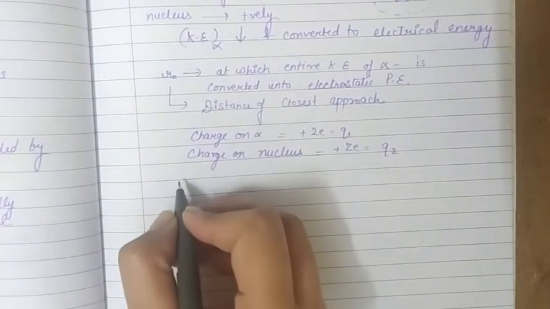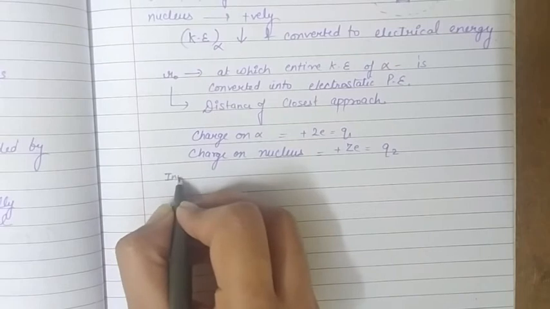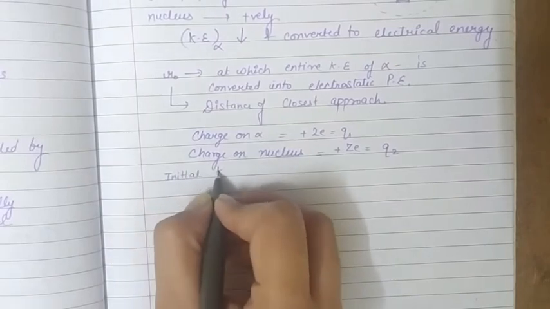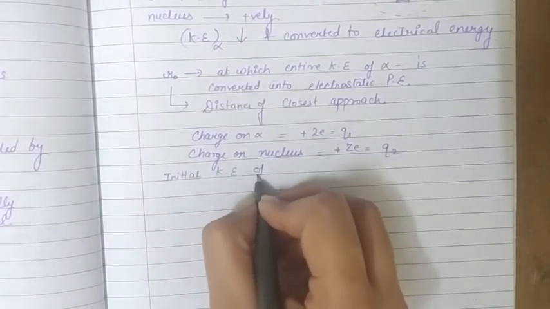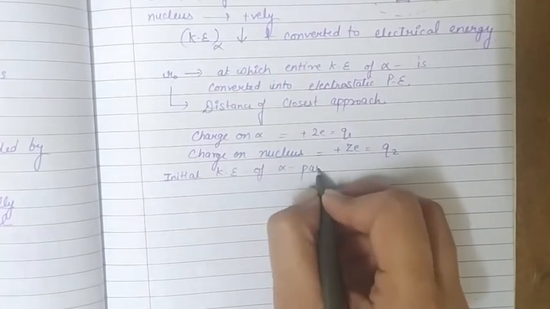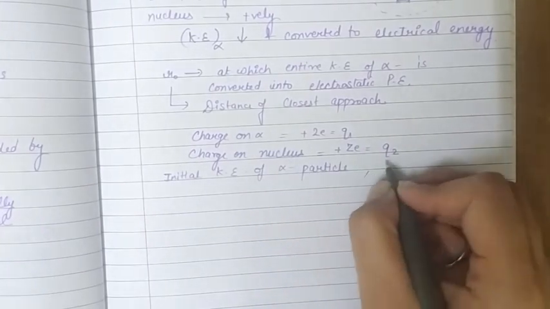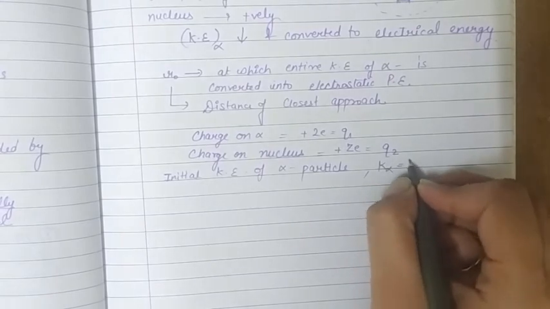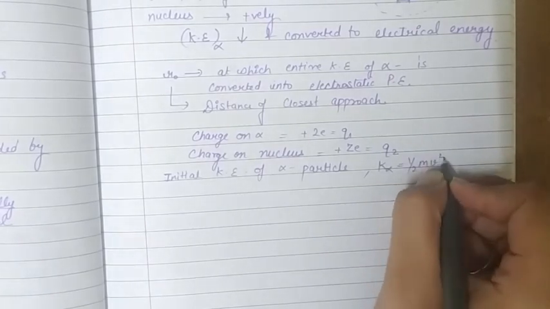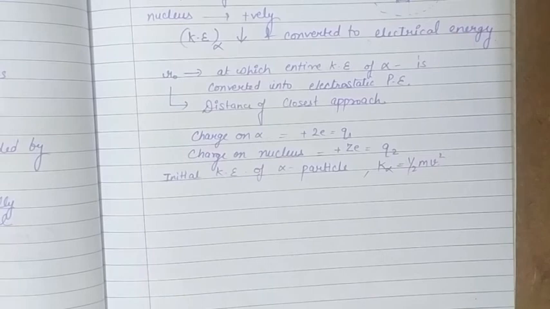Now the initial kinetic energy of the alpha particle, let us denote it by K alpha, is equal to half m v square, because v is the initial velocity that we have already assumed.